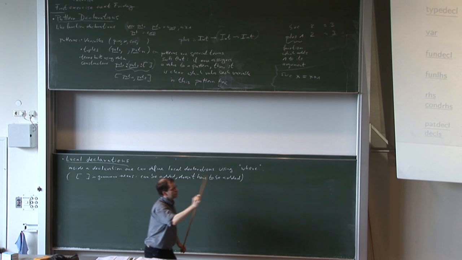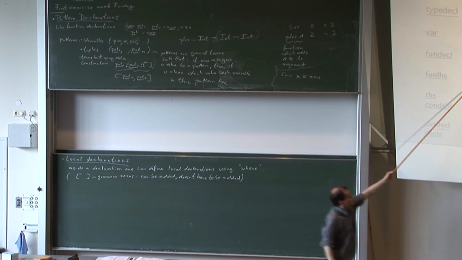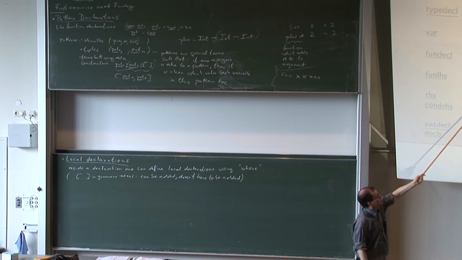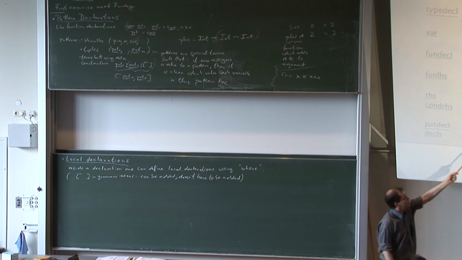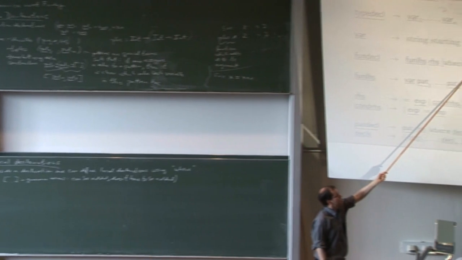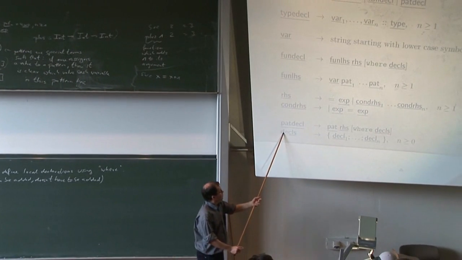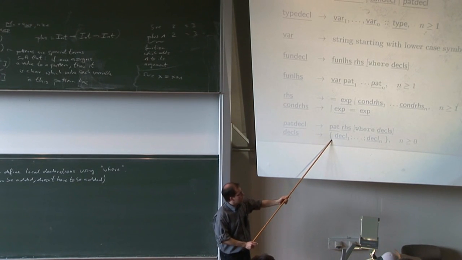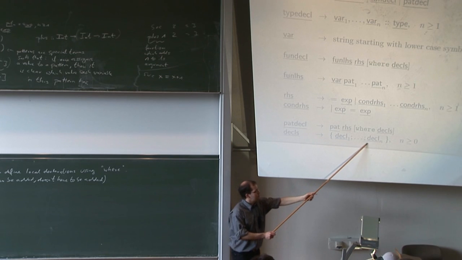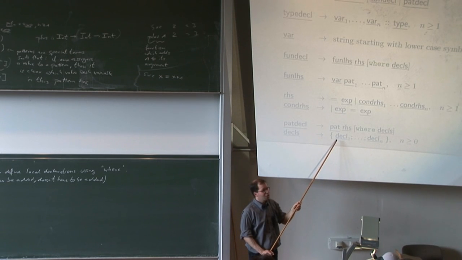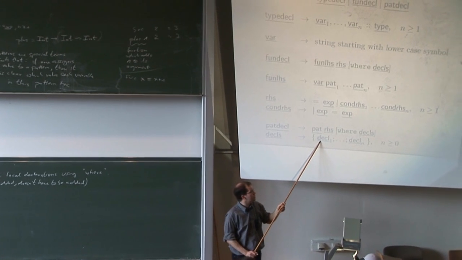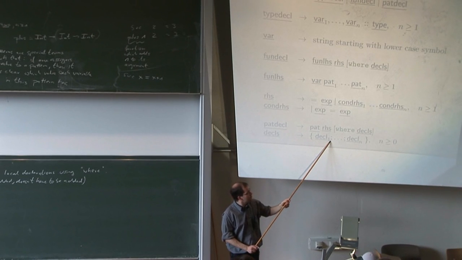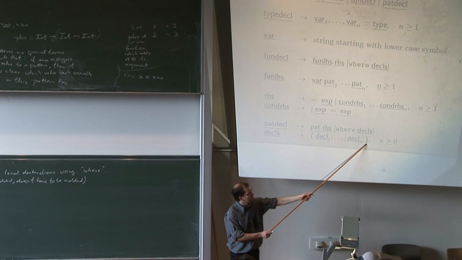And now, if you want to add this, then simply after your function declaration, you write the word where, and then you write many more declarations. So decls stands for many more declarations. What does decls do? Decls simply starts with a curly bracket and then a number of declarations. These can again be new function declarations or new pattern declarations separated by semicolons. And then at the end you do a closing curly bracket.